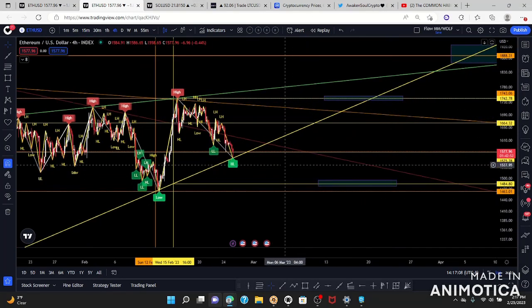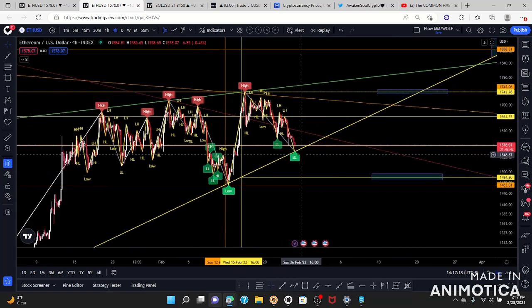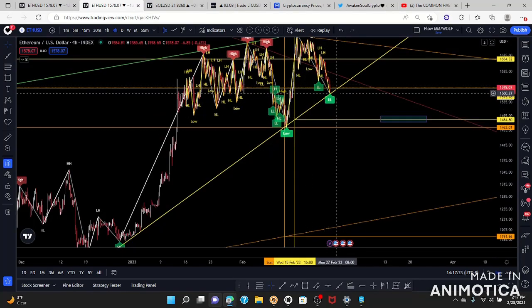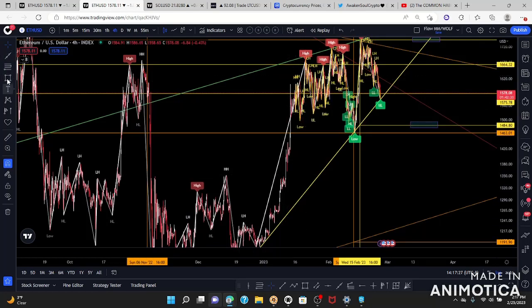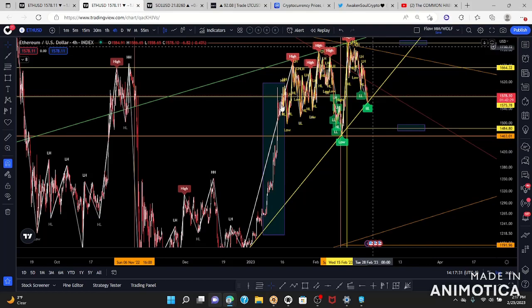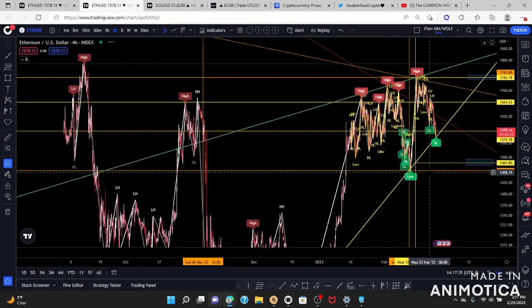You could still bounce. I mean, we are in critical moments right now. So you can see just bouncing off that daily trend line. We could definitely do one more push to the upside, or we could just break down. And if we do break down this daily trend line, there's nothing holding it back. Look at this, just based on this price action right here, there's no floor coming down. So critical moments right now.